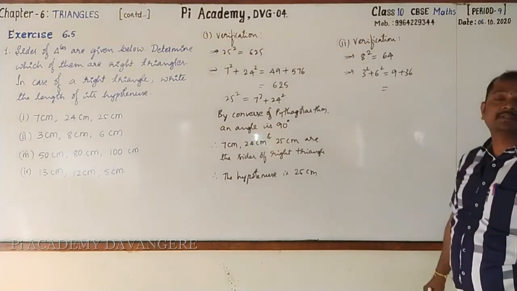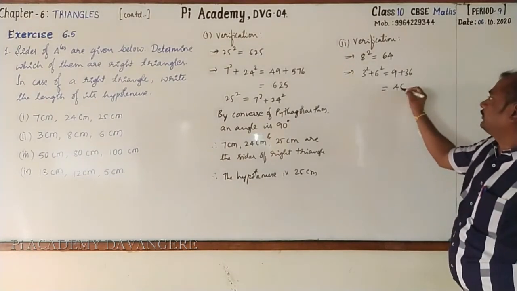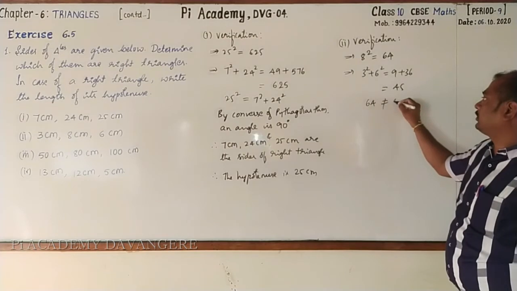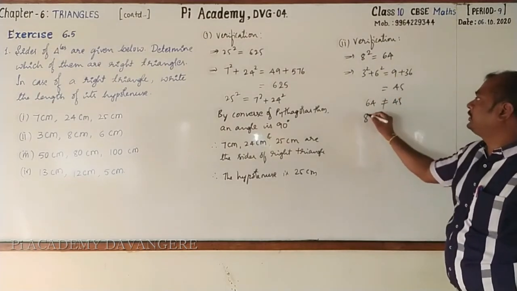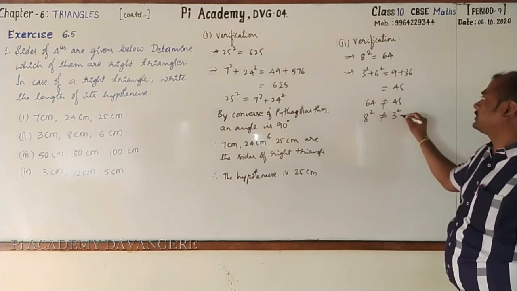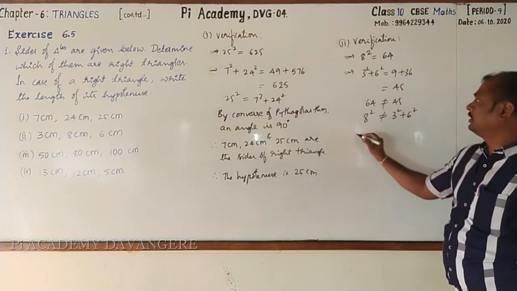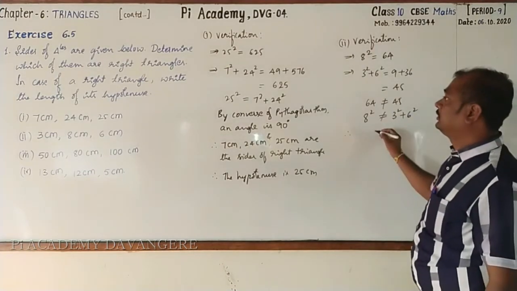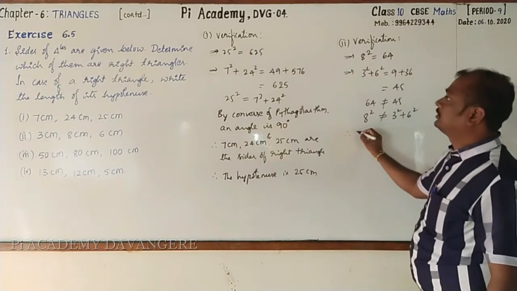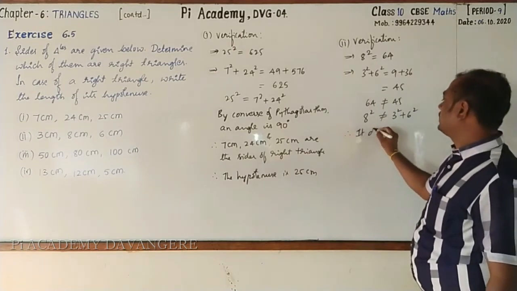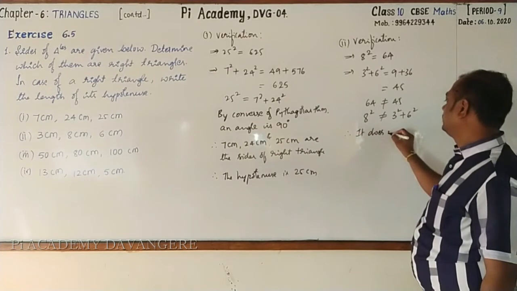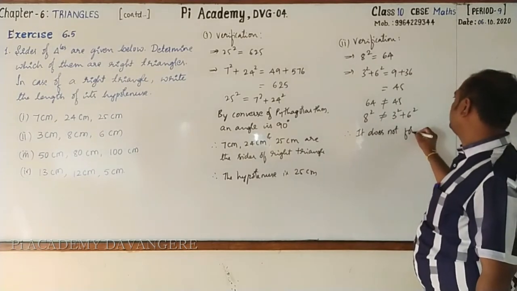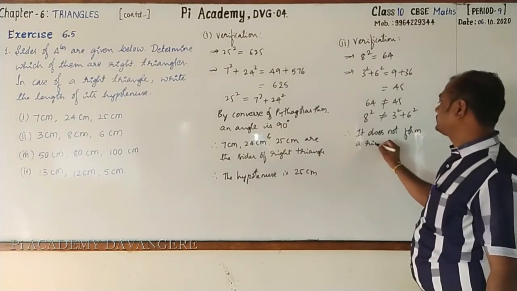Then 9 plus 36 is 45. 64 is not equal to 45, so 8 square is not equal to 3 square plus 6 square. Therefore, they are not the sides of a right triangle. So, it does not form a right triangle.